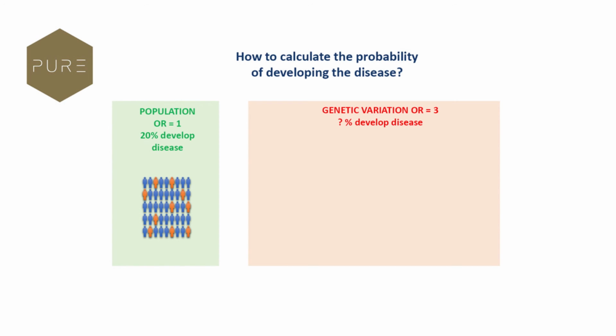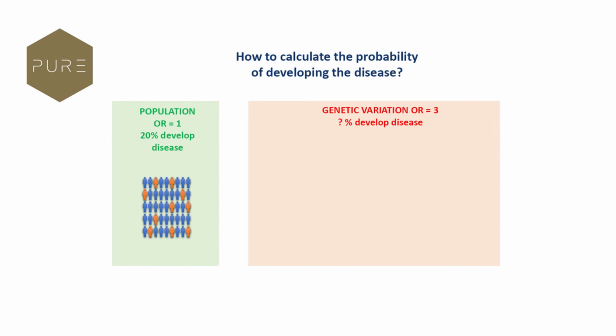If you have an odds ratio of 3, now the question is, what is the likelihood of developing the disease? It's not really 20 times 3, which you might calculate, which would be 60. This is not correct, because if you do the calculation, let's say you have an odds ratio of 10, and you would do 20% times 10, then you would have a 200% likelihood of developing disease. There you can see the calculation would be incorrect.